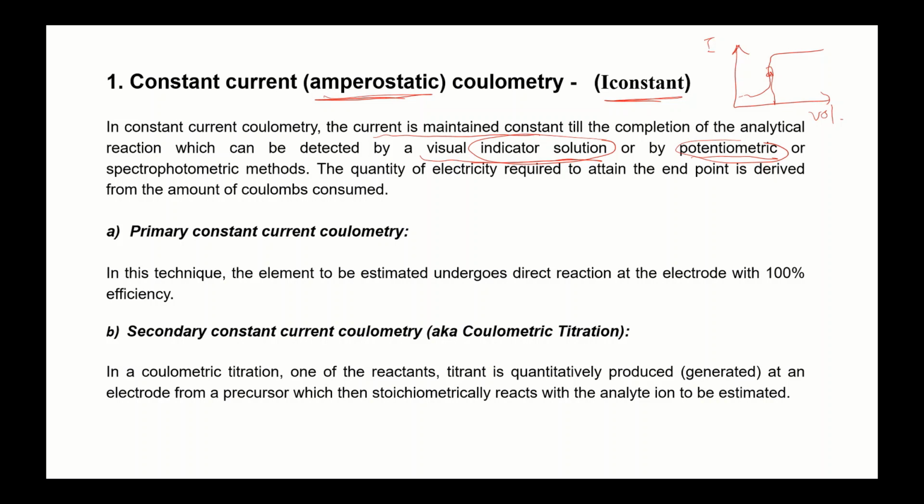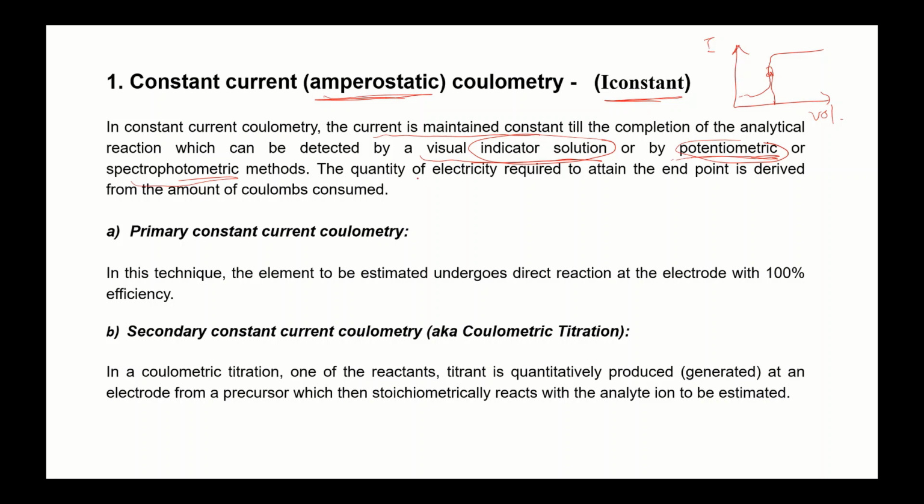Okay, you can see the difference when you titrate acid and base from colorless to purple or pink. So you can indicate the endpoint, or you can use potentiometric or spectrophotometric methods to determine the endpoint of the reaction.